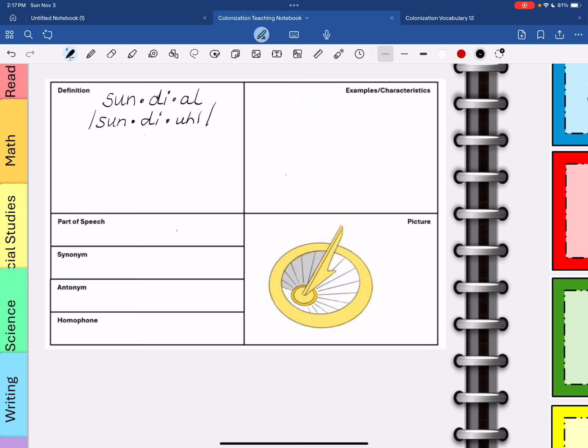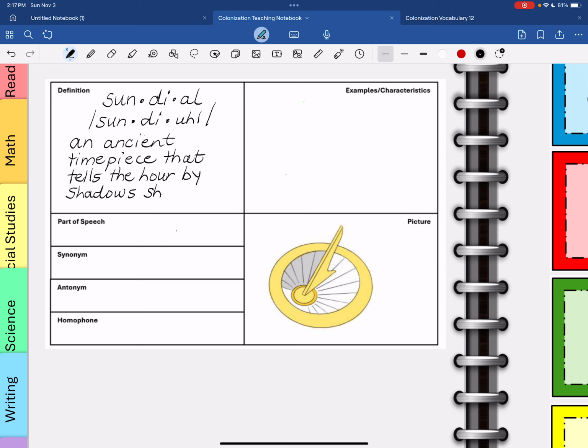A sundial is an ancient, very old timepiece that tells the hour by shadows shown.